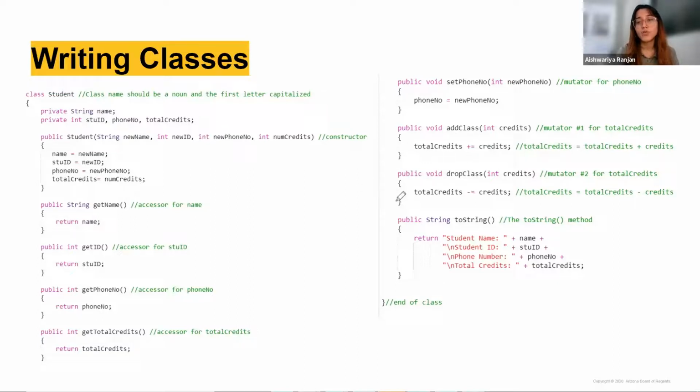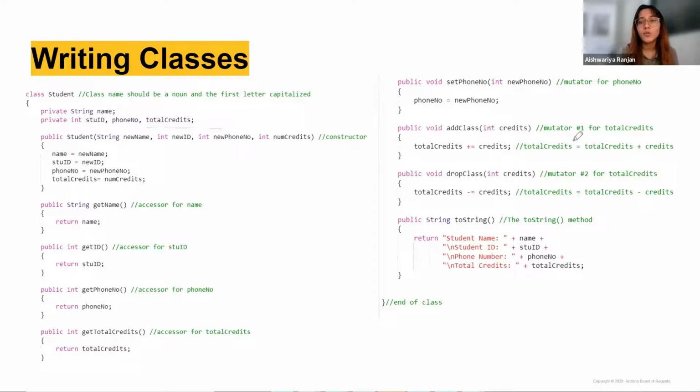Similarly, if you're dropping a class, this is a mutator as well. I know we said set phone number over here, like mutators are usually written as set whatever, but that's usually when whatever you're setting is a variable in this, like directly changing the total credits.